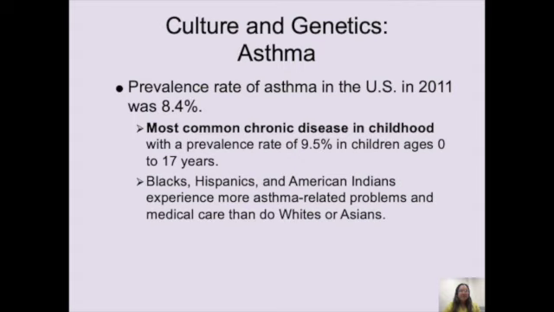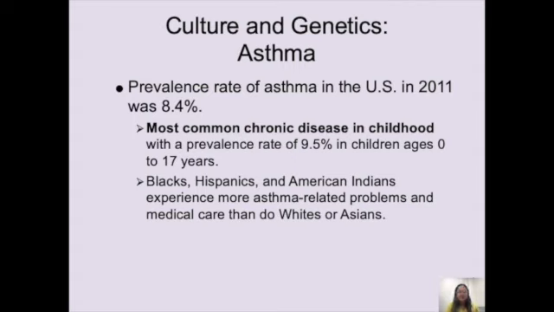Something else to consider is just the culture and genetics. If we're thinking about asthma and the prevalence in children, here in the United States, the prevalence is actually 8.5% overall. And then just in children 0 to 17 years old, it's almost about 10%.